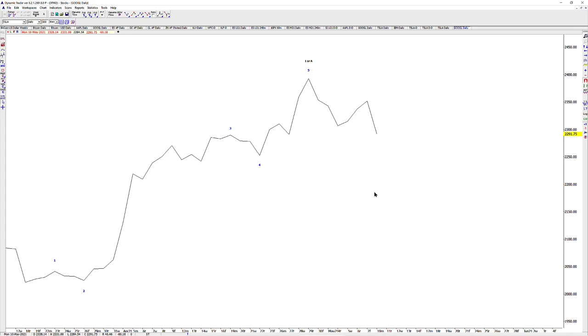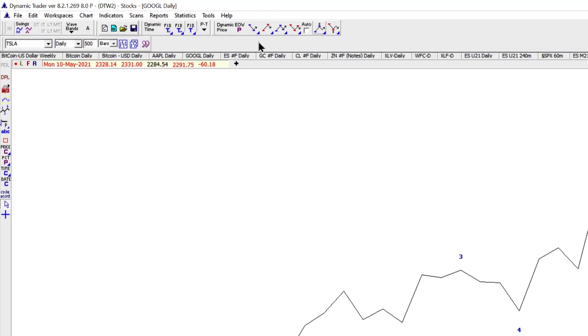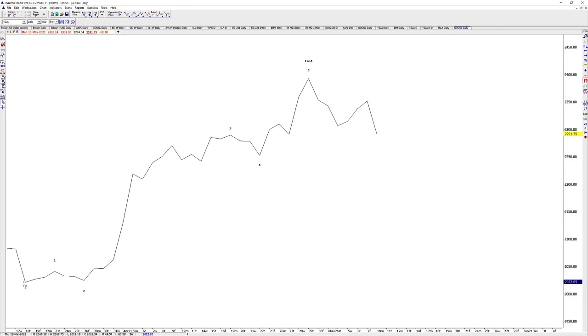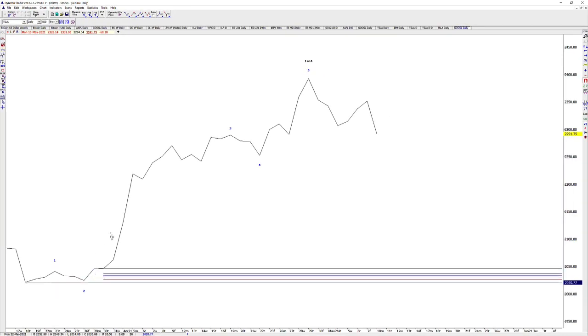So let's just do our retracements. We begin by doing typical retracements of this 5-wave advance, and let me put those on. I have them listed as the dynamic retracements in my set in here, and that's the 38, 50, 62, 78.6.